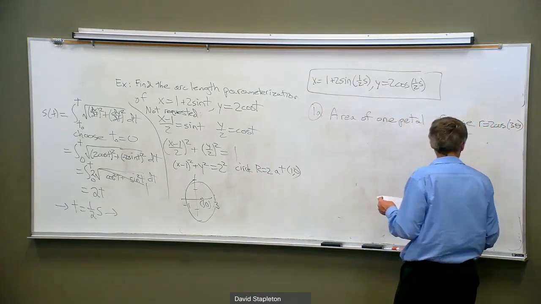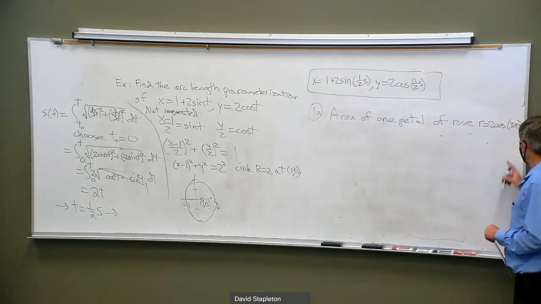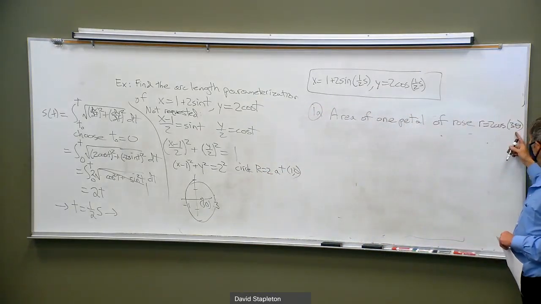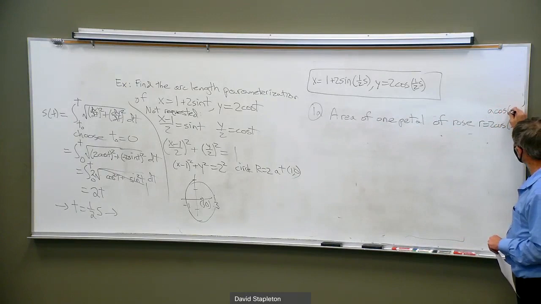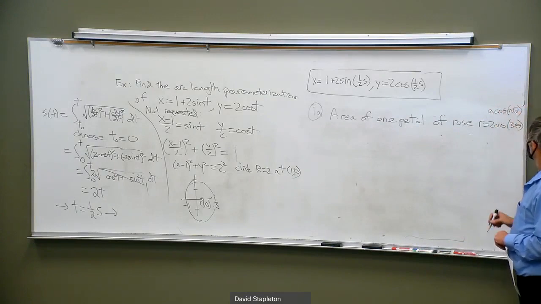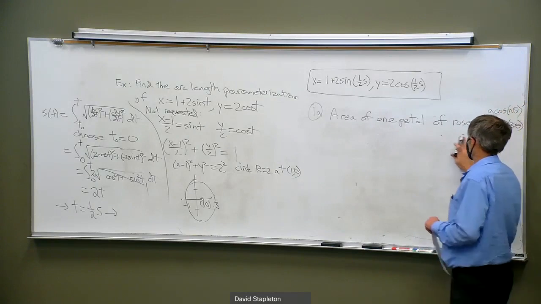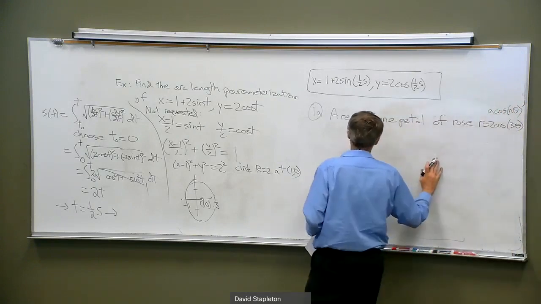It does help to remember that if n is odd, you get exactly n petals. For a cosine n theta is a rose, and a sine n theta also is a rose. This is a 3-petal rose. Since n is odd, if it was an even number, it would be 2n petals. That's sometimes a hint, just making sure you're doing this all right.